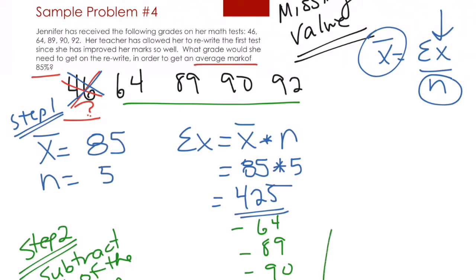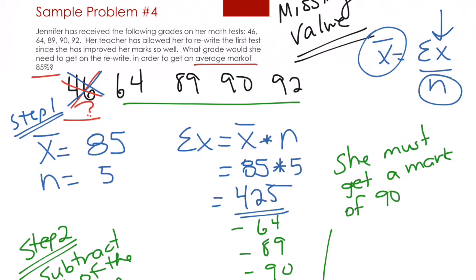So this means that she must get 90 on that rewrite in order to get an average of 85. So she must get a mark of 90 on the rewrite to get that average of 85.